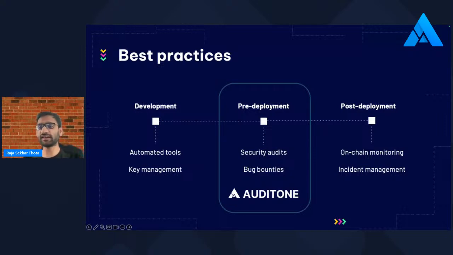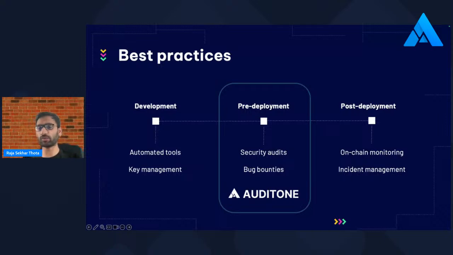And the second thing is bug bounties. If you look at the Web3 landscape, bug bounties are a very interesting zone, because during a security audit, there might be only 3 to 4 people looking at the code.